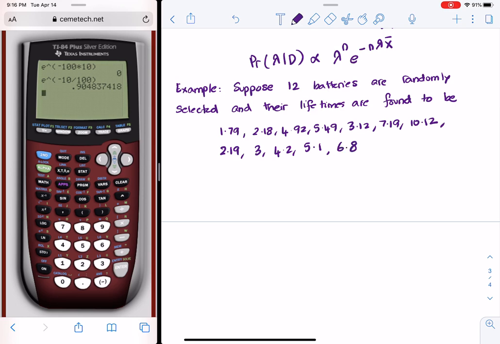So these are the lifetimes of 12 randomly selected batteries, and they are in years.